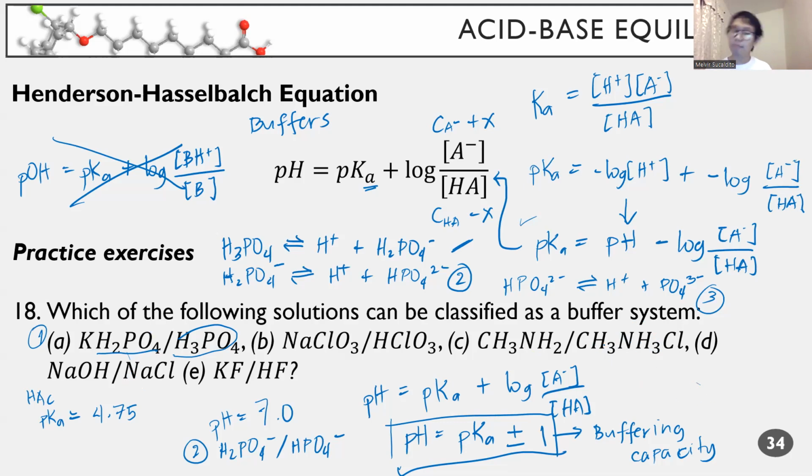Okay? So, what's your answer for letter C? It's a weak base and I don't know if this is a strong acid. Is this even an acid? Okay, this is probably not an acid. This is just salt.